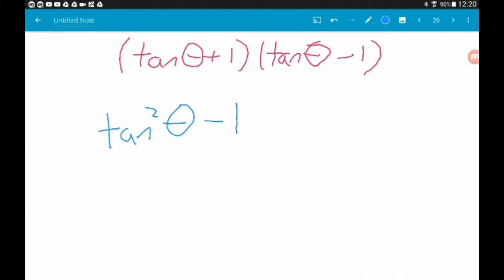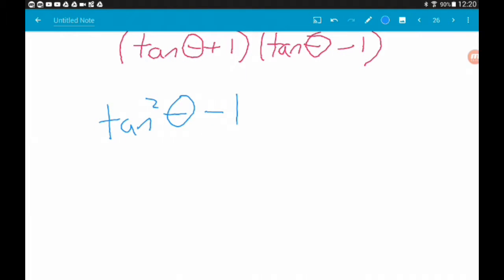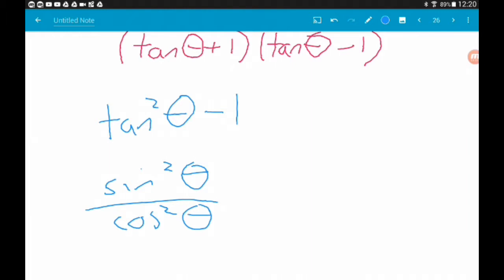Now, tan squared of theta is sine squared theta over cos squared theta. So we've got sine squared over cos squared minus 1.